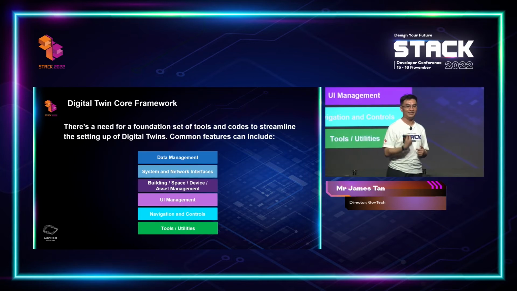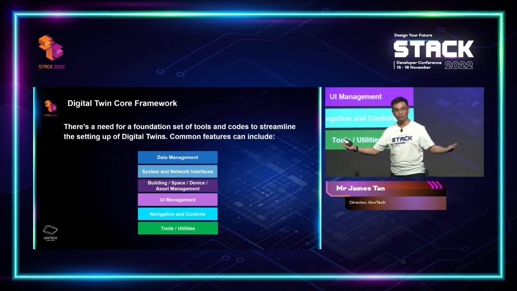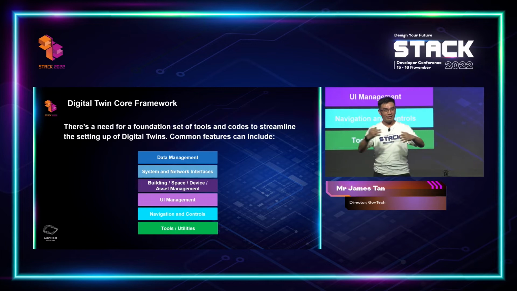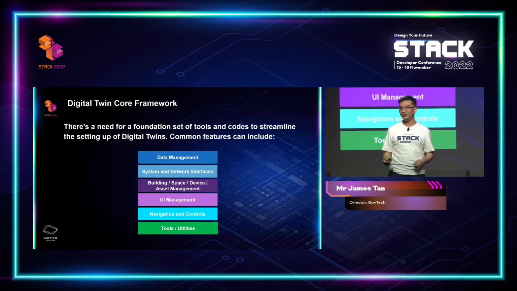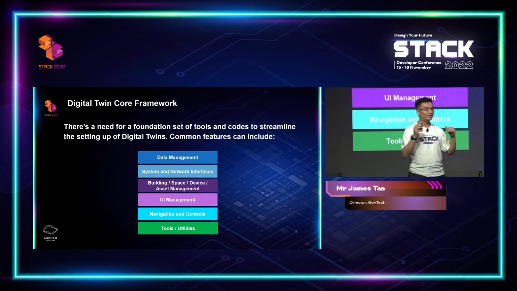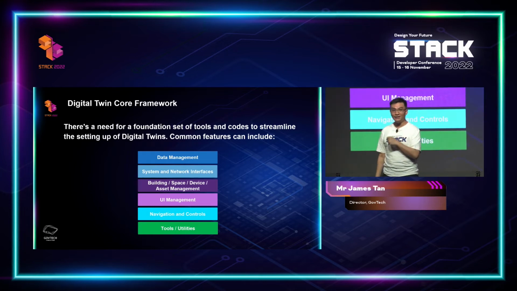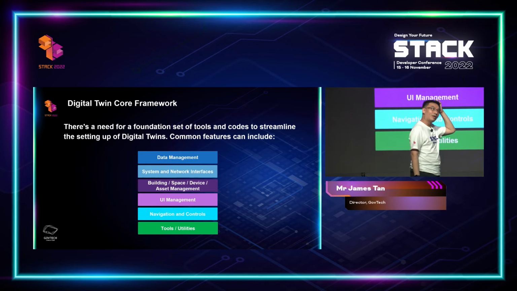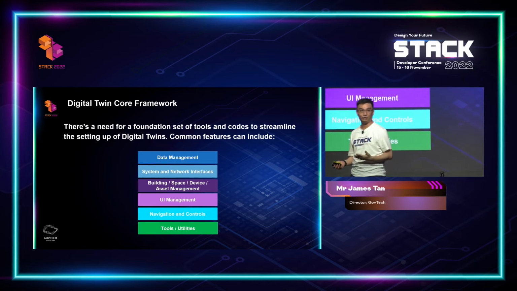So these are the layers: data management, system and network. How do you want to build a network to connect up the systems? And then in terms of the asset, whether it's a building, a product, or at the city level, you need to consider what systems you want to bring in. The UI is important because a lot of the user interface in the 3D world is very different from the 2D world.